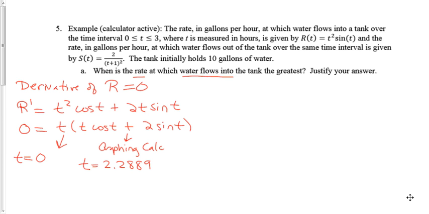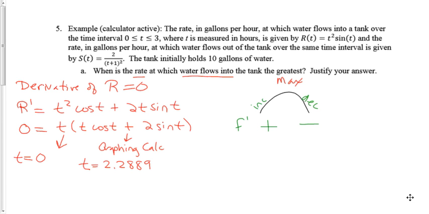Then the question is, when is the rate at which the water flows into the tank the greatest? Okay, so greatest means I'm looking for a max. If I'm looking for a max, my function is going to change from increasing to decreasing, which means my derivative will change from positive to negative.